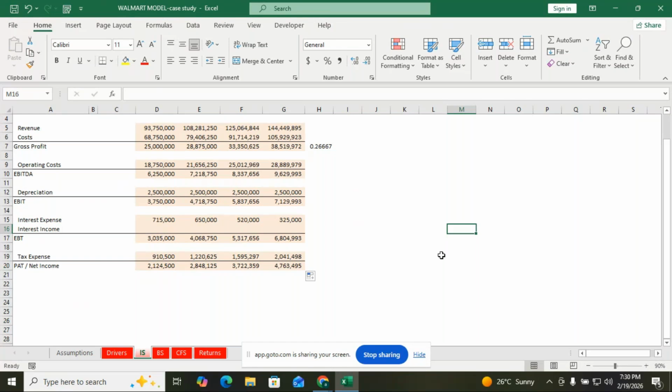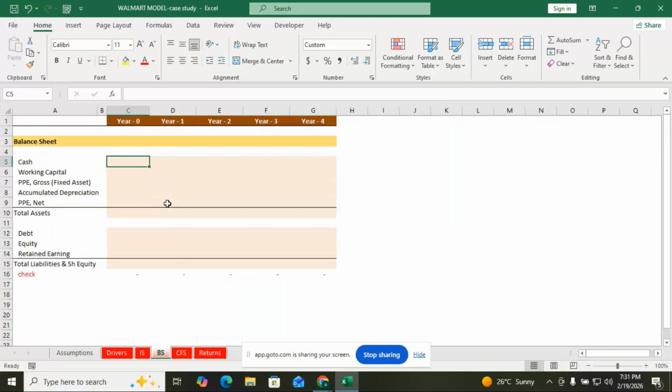So once you have completed the PAT calculation, you have done with the income statement, and now you have to switch to the next sheet, which is the balance sheet. I hope all of you have completed here. So please go to the balance sheet next.